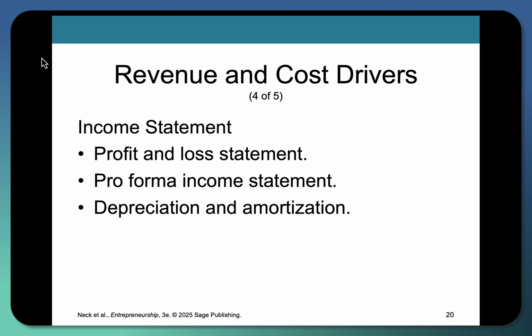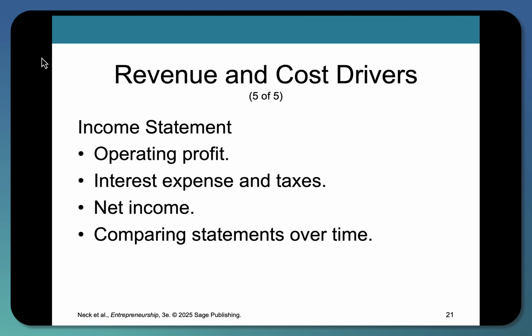Income statements, of course, also known as a profit and loss statement. A financial report that shows revenue, expenses, and profit over a period of time. A pro forma income statement is a projection, an estimate of what the company will potentially do. Depreciation, cost of wear and tear, and amortization, cost of intangible assets.